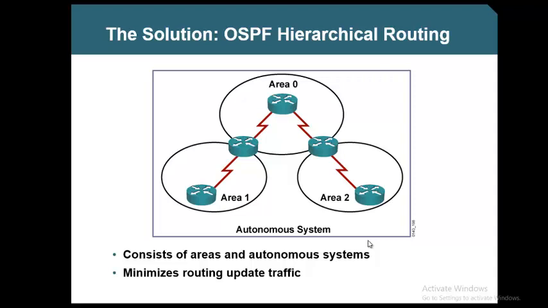When we do this, we can reduce the flooding of advertisements throughout the autonomous system. If there is any change, that change can be localized within an area, either by configuring summarization or stub. This reduces the routing updates.